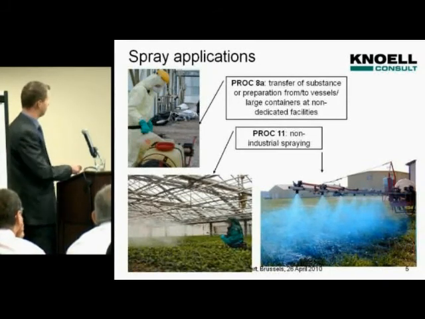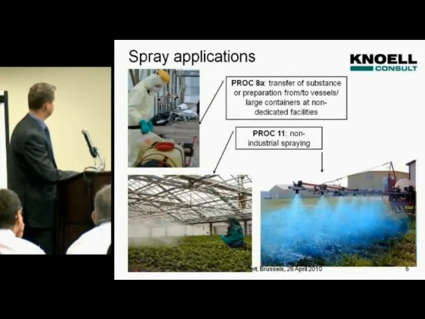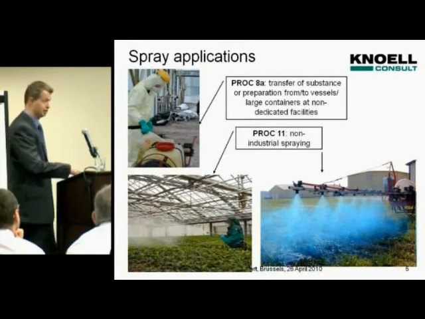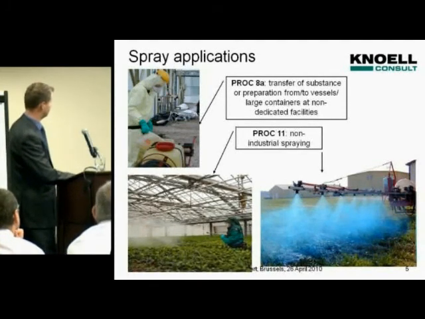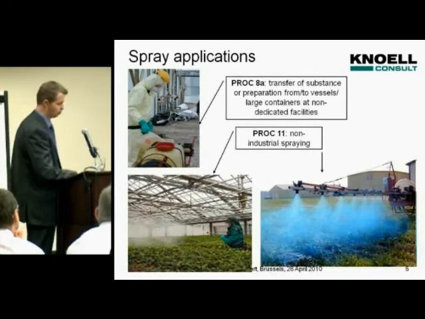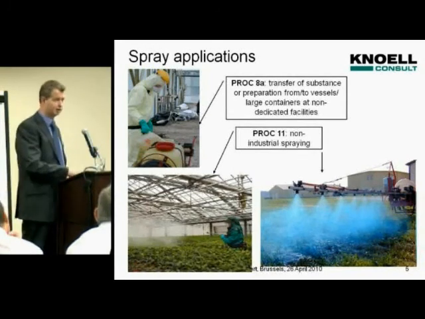We are in the PROC area. This is going to be PROC 8a, transfer of a substance or preparation from or to a vessel, from this vessel into a large container at a non-dedicated facility. And both the greenhouse application and the open field application will fall under one PROC 11, non-industrial spraying.